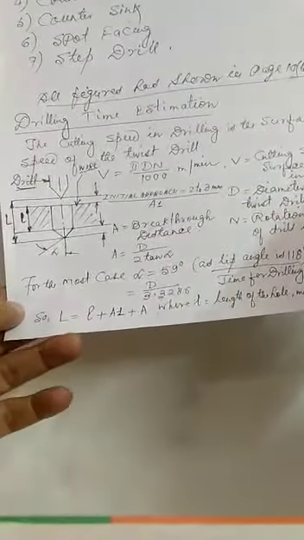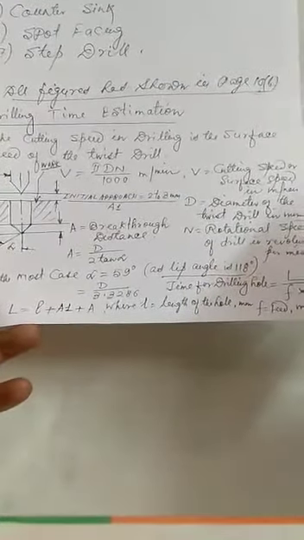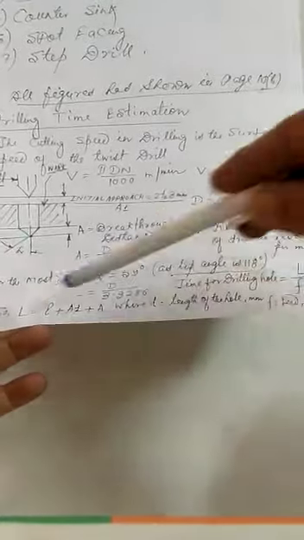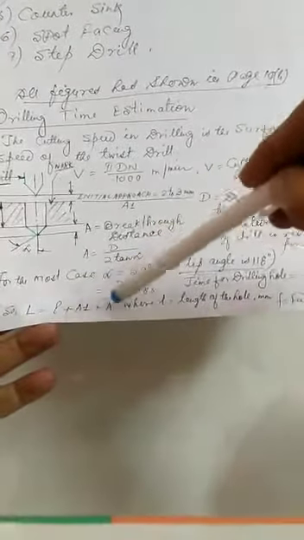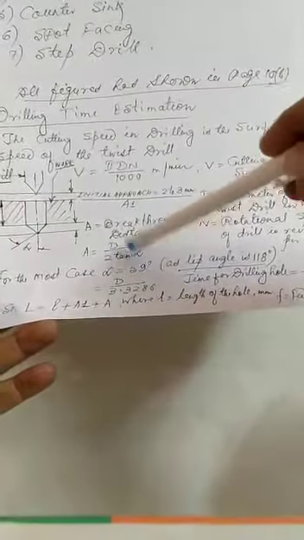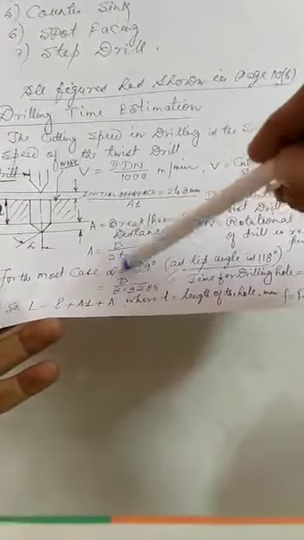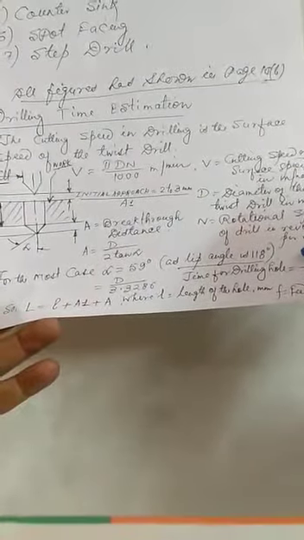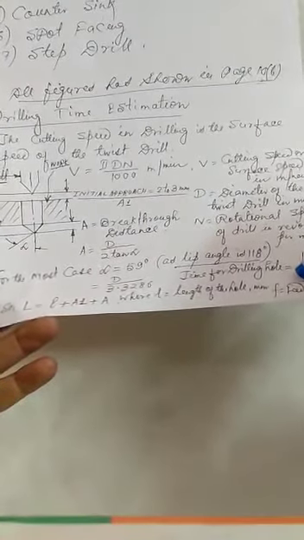So we can calculate the time for drilling, which is equal to L by F into N. L comes from small l plus A1 plus A. A comes from D by twice tan alpha. Alpha is 59 degrees, so it is D by 3.3286. So we can calculate capital L, and if we know the feed F and RPM N, then we can easily calculate the machining time of this drilling operation.